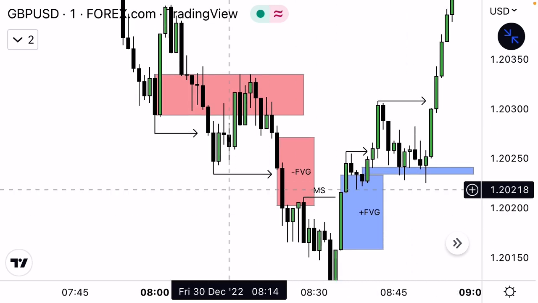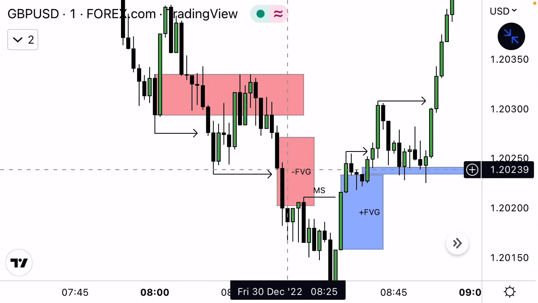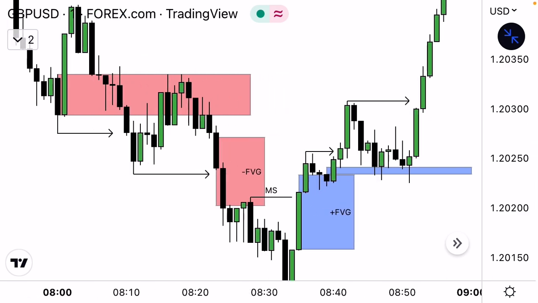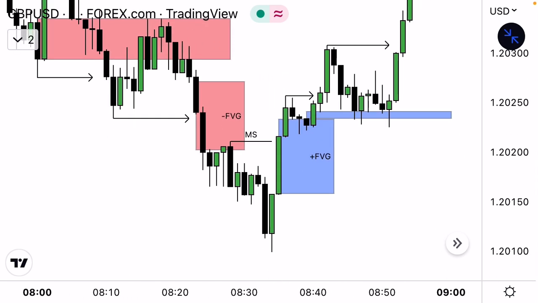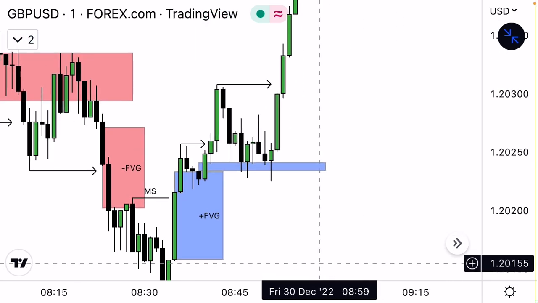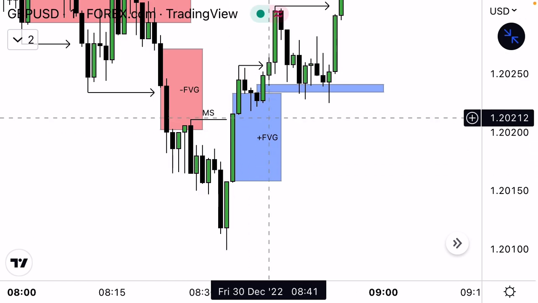And again, what do we see? Price comes down, breaks this low, displaces, fair value gaps, enter on them, price goes lower. Now we see price switches bullish again, breaks a high, creates fair value gaps.